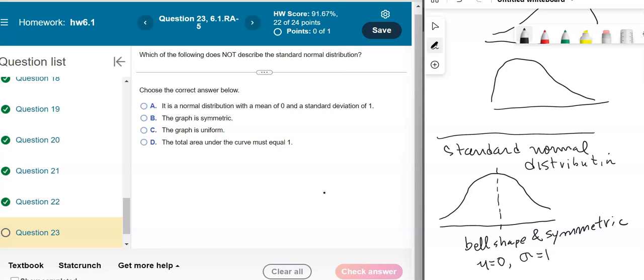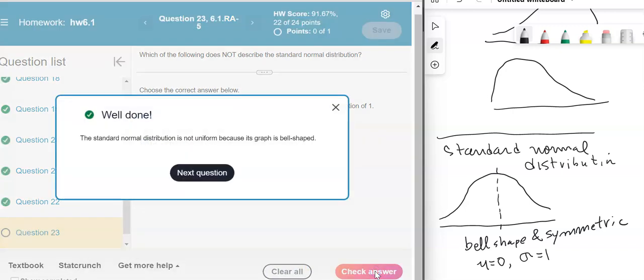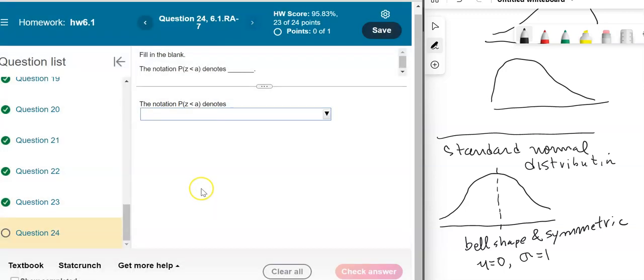So let's check. It is normal distribution, mean 0, that's good. The graph is symmetric, that's good. The graph is uniform, that is wrong. Okay, it's not uniform.